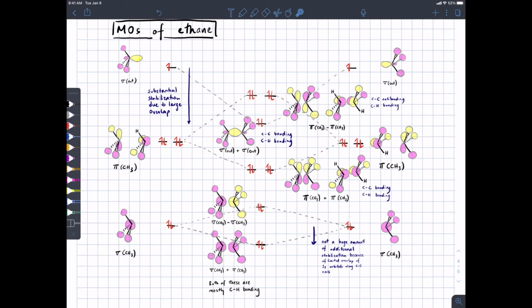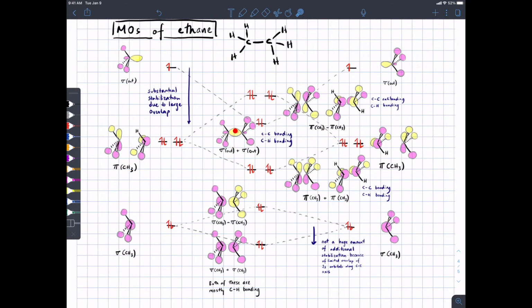One interesting feature of all of this, our valence bond theory would tell us that in ethane, you've got one carbon-carbon bond and six carbon-hydrogen bonds. Now, in our QMOT picture, we can't necessarily sequester each orbital into being just carbon-hydrogen or just carbon-carbon, though we have 1, 2, 3, 4, 5, 6 orbitals that are mostly carbon-hydrogen.